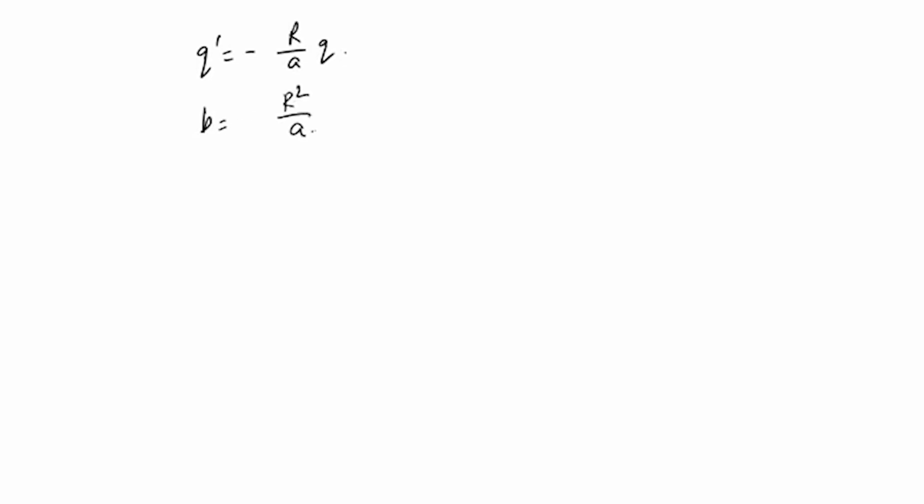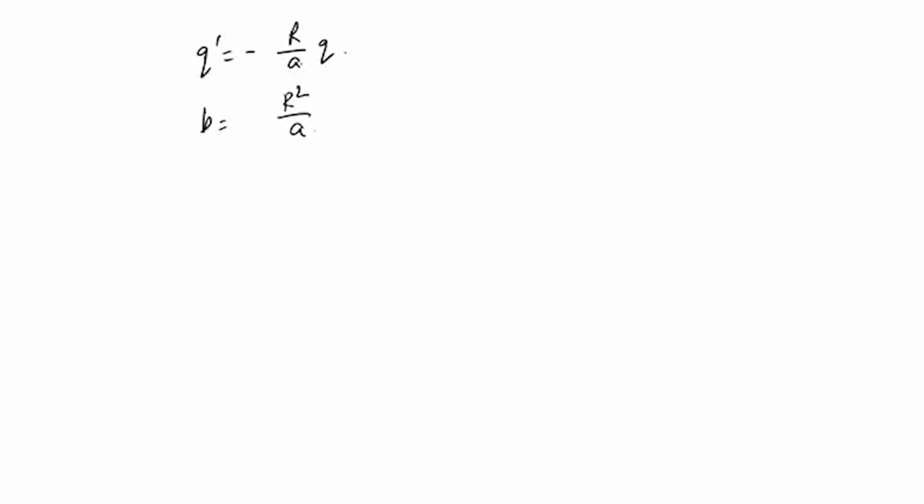So, both our assumptions are satisfied. q prime has a negative sign, which means the image charge inside the sphere, that imaginary sphere, has an opposite sign with respect to q, and it is located inside the sphere, that distance b is actually less than R.